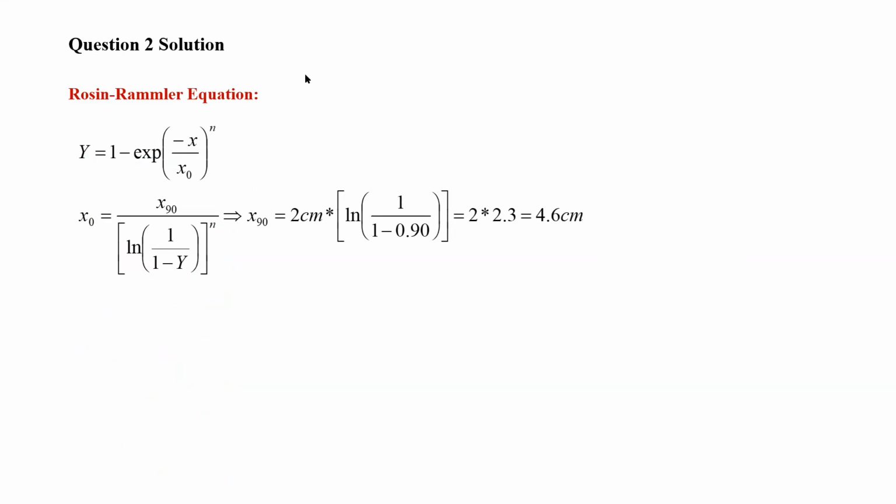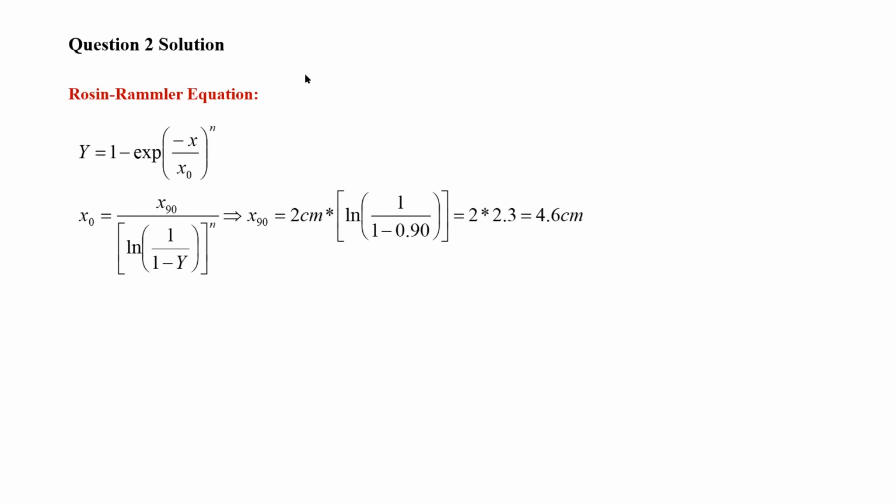If we rearrange this equation by taking the natural logarithm of both sides, after we send 1 to the left-hand side of the equation, we can obtain the second equation. In this equation, the percent passing by weight, or the Y value, is given as 90%. The other parameters, n and x0, are given as 1 and 2 centimeters.